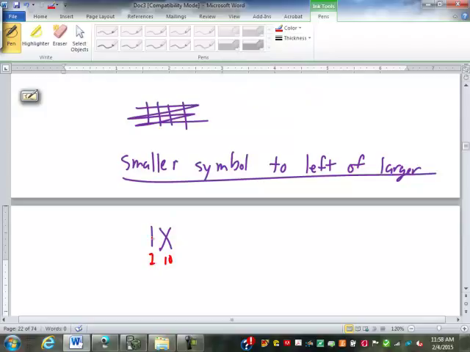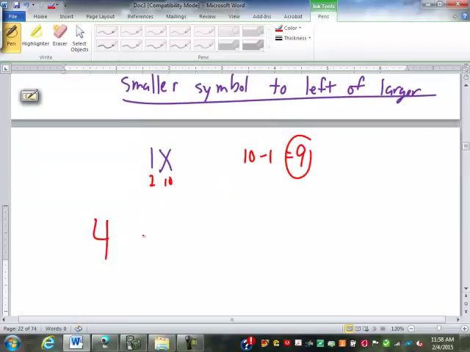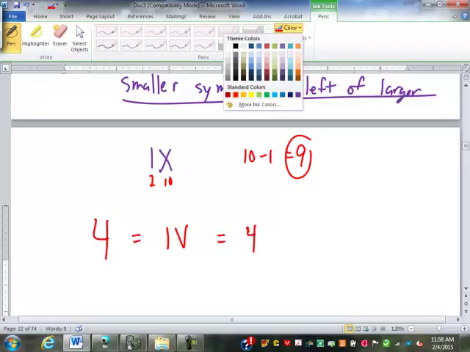The I is a smaller symbol in front of the X, so that means this is not 1 plus 10. This is 1 taken away from 10, or 10 minus 1, which is 9. So for 4, instead of 4 hash marks, they did 1 taken away from 5, which is 4. 5 minus 1.